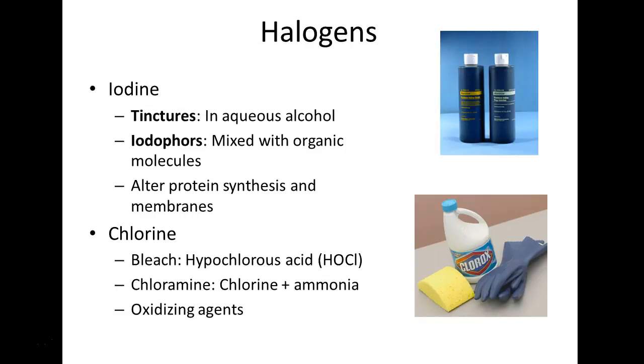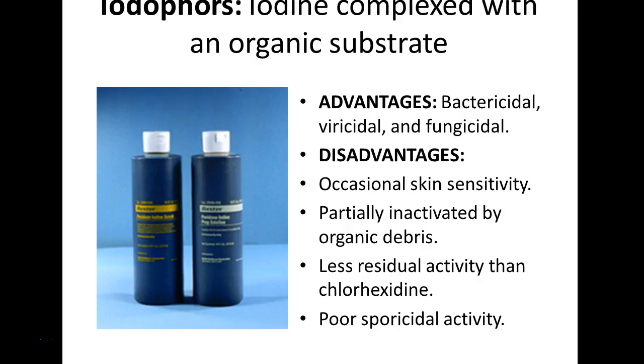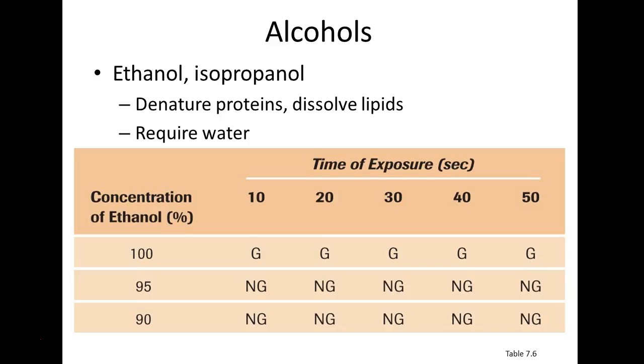Halogens, iodine, chlorine, these are all halogens, and those kill a lot of microbes. Iodophores are when we take iodine and covalently bond it or make a complex with an organic substrate that makes it last longer and makes it evaporate less.